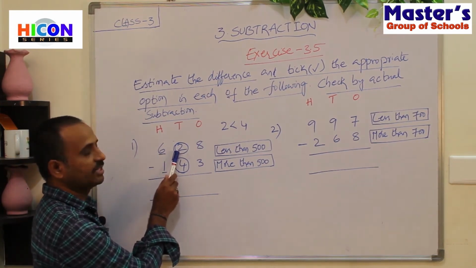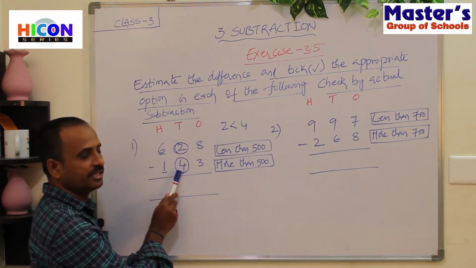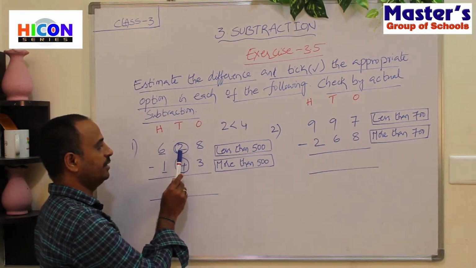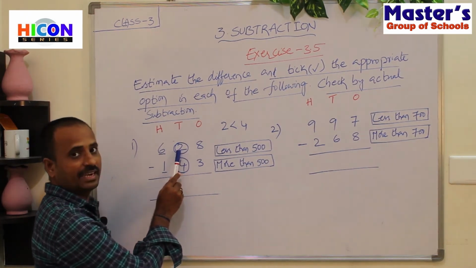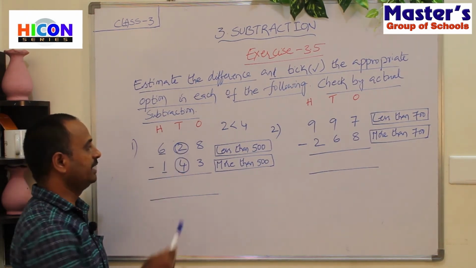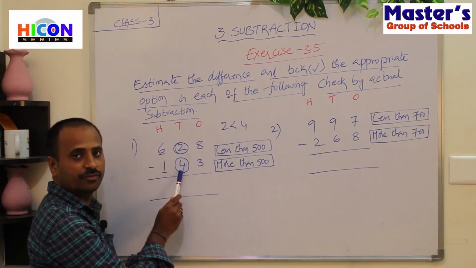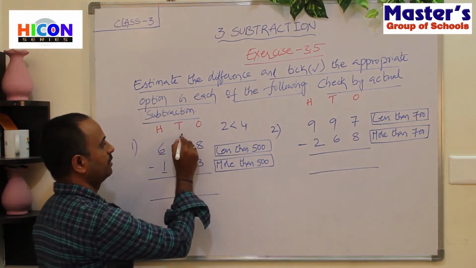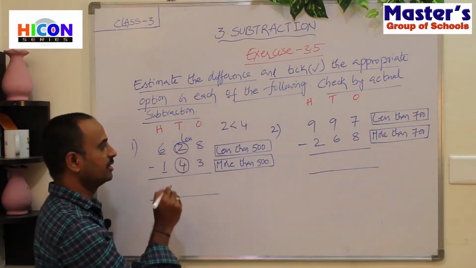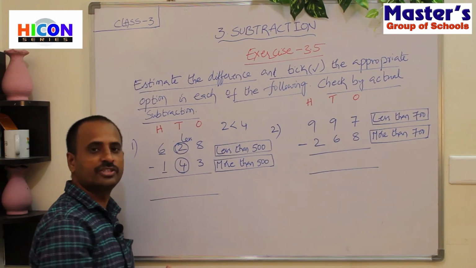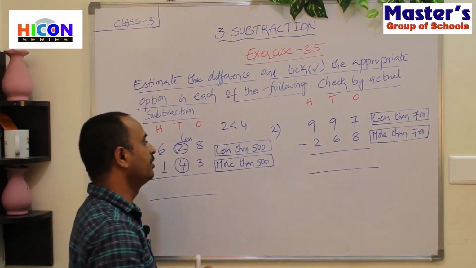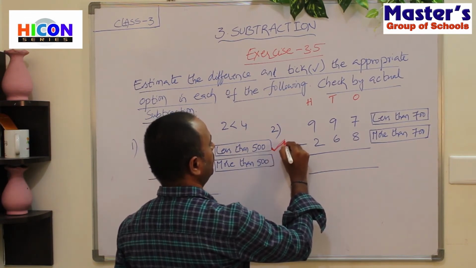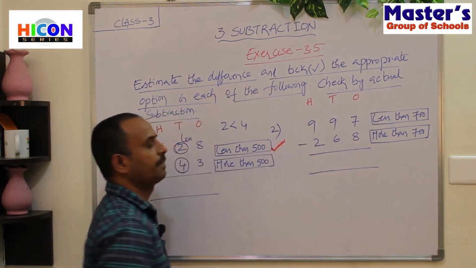The second digit in the first number is 2 and the second digit in the second number is 4. 2 is less than 4, so 2 is the lesser one. That's why the difference is also less than 500. So put a tick mark for less than 500.